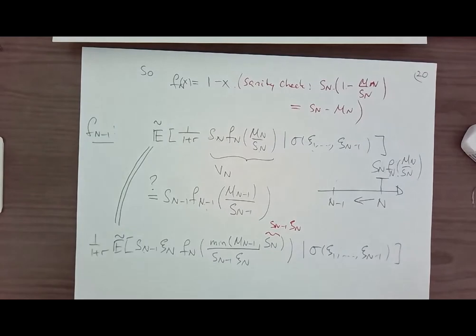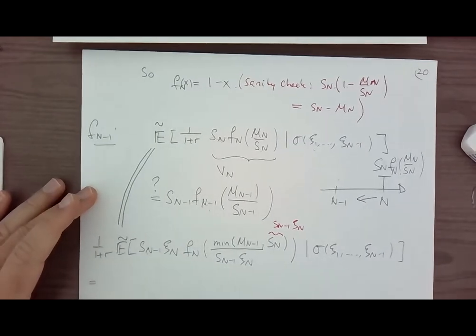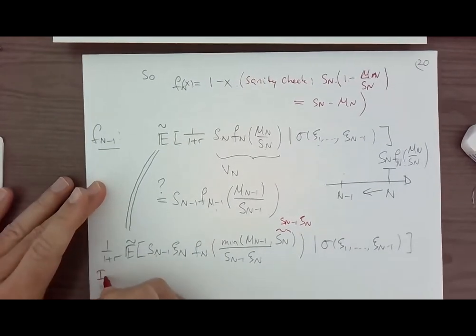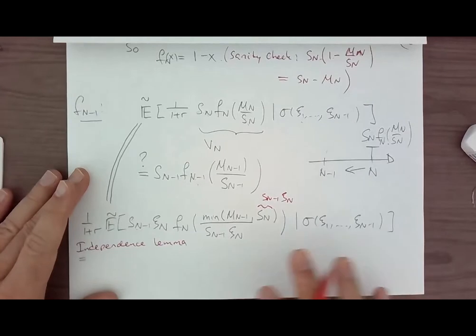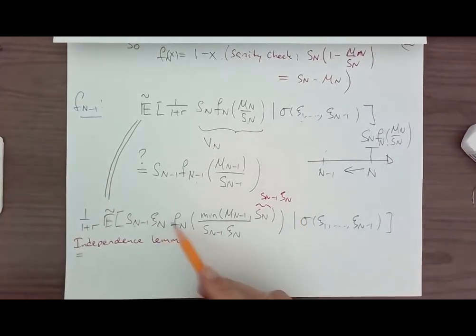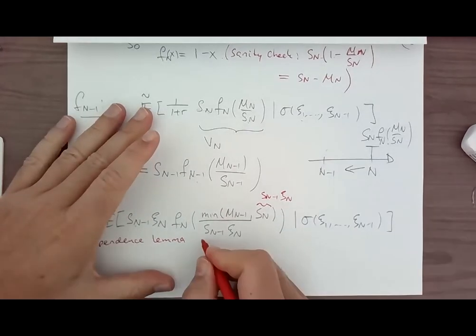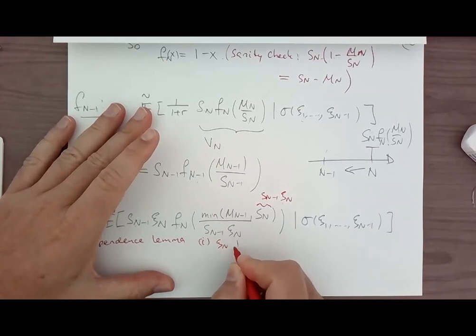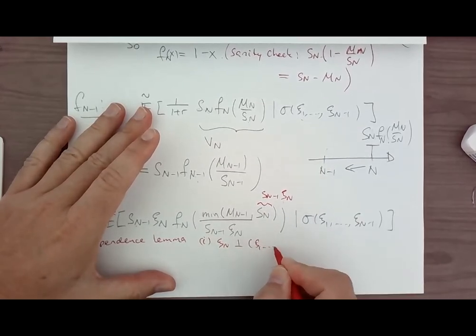Okay, so what are we in for now? We will try to use the independence lemma. There are always these two things that have to hold. You have to have some stuff that's measurable, and then the rest has to be independent. And what is good here is that the psi n's have the independence property. So psi n is independent of these first coin flips.